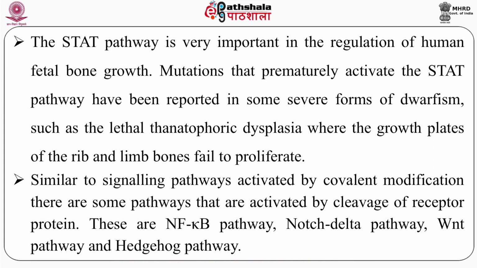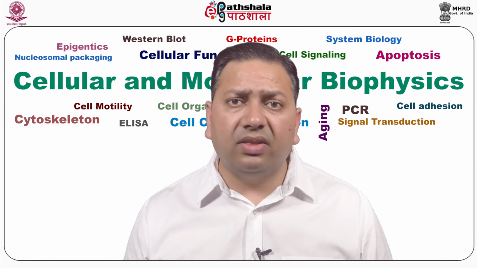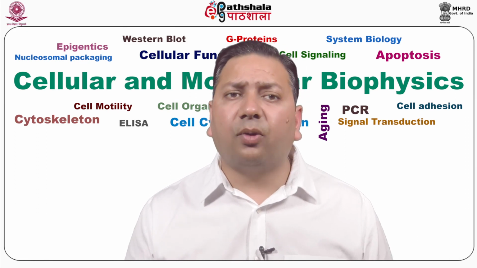Similar to signaling pathways activated by covalent modification, there are some pathways that are activated by the cleavage of receptor proteins. These include the NF-kappa B pathway, Notch delta pathway, WNT pathway, and Hedgehog pathway. NF-kappa B proteins are important for inflammatory processes.